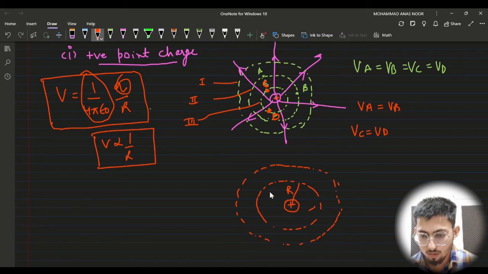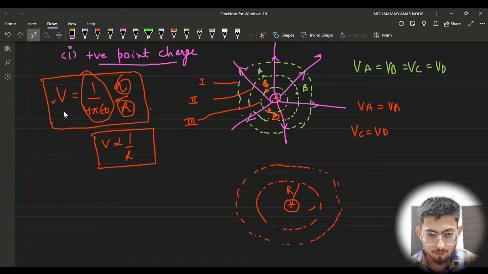So when this is fixed, is not the potential going to be the same? V is 1 by 4 pi epsilon naught q by r. This q value is fixed, and r is fixed, right?